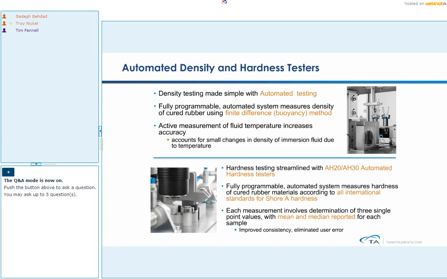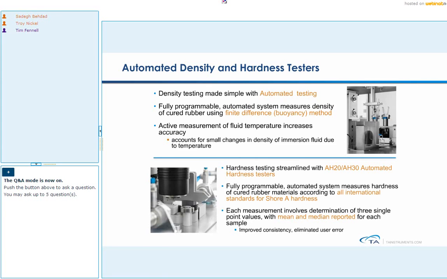And then for hardness, you can look at Shore A hardness. We have a rotating mechanism that will ensure that you rotate the sample and take several measurements on a single specimen so that you know that the measurements are representative of that sample.